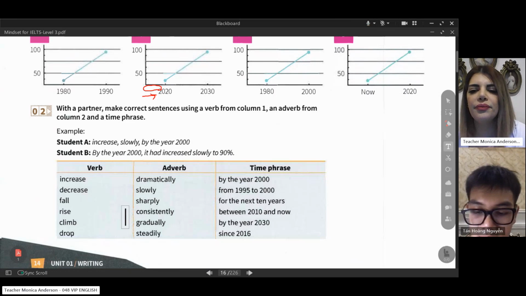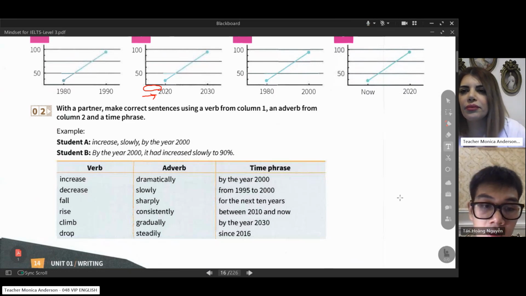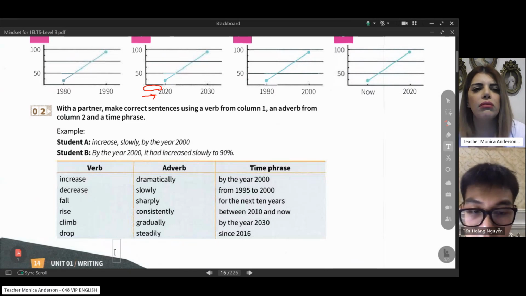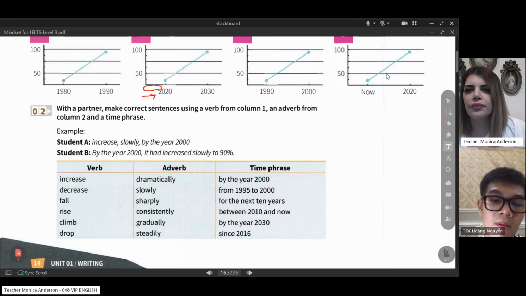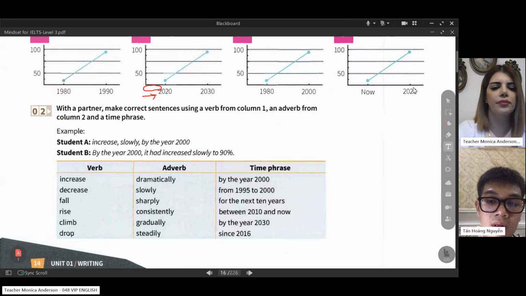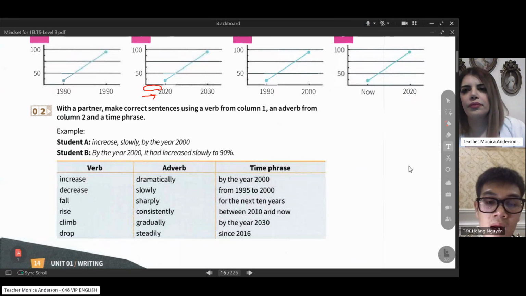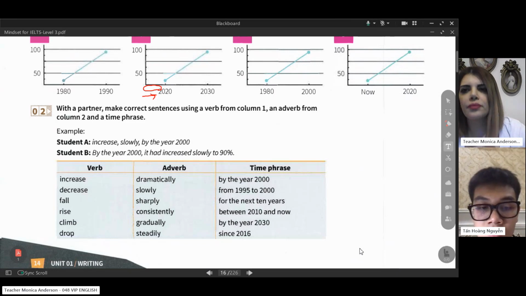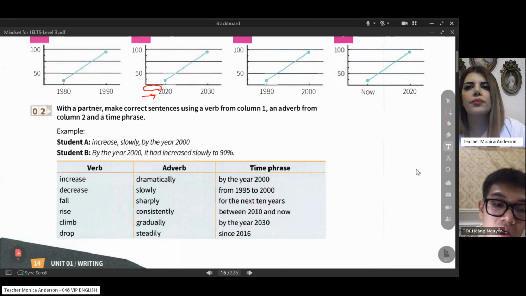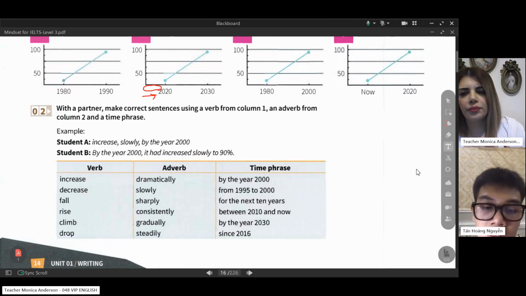Well, fall, for example. Between 1980 and 2000, sales rose sharply.